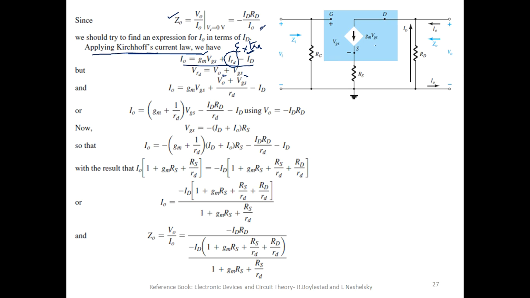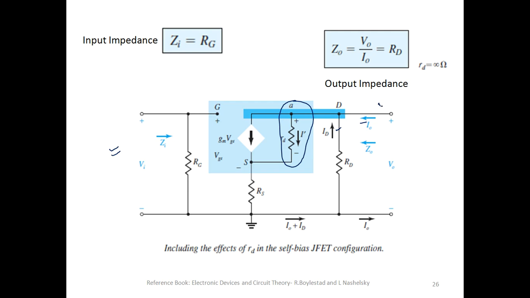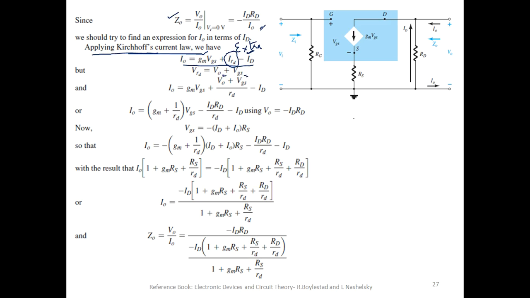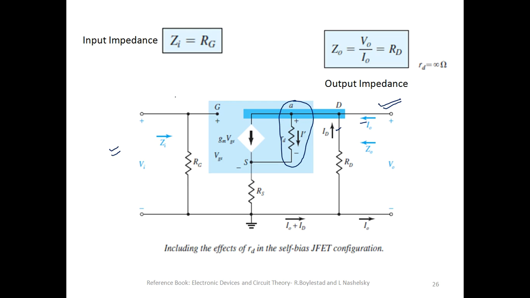I'm sorry, here actually this diagram should have been this one. It has been wrongly pasted. Anyhow, what should be the voltage across rd? The voltage across rd is V0 plus VGS. What about I0?